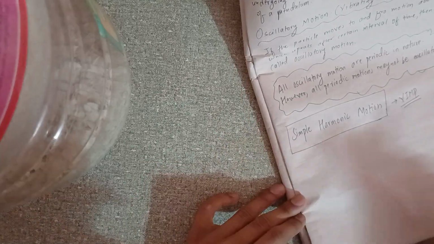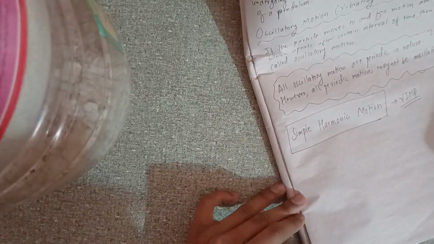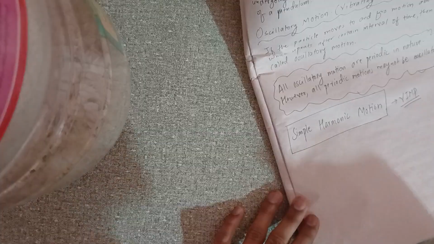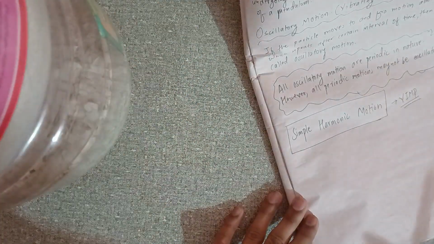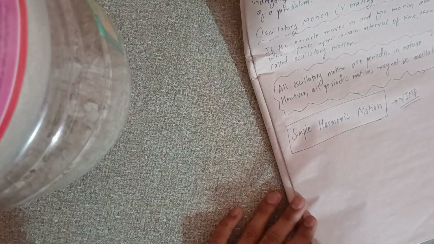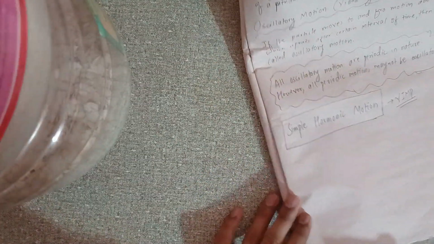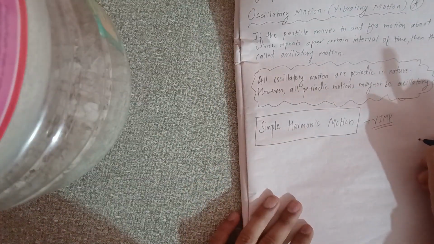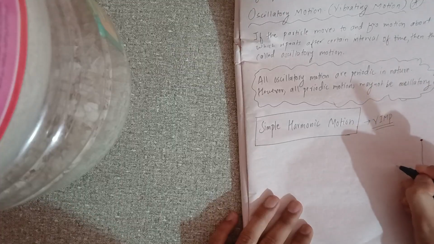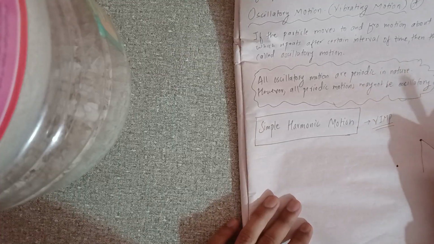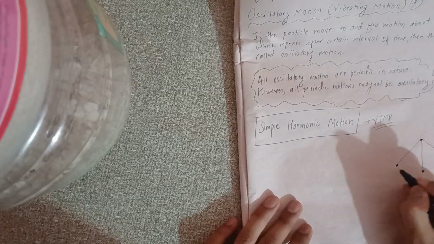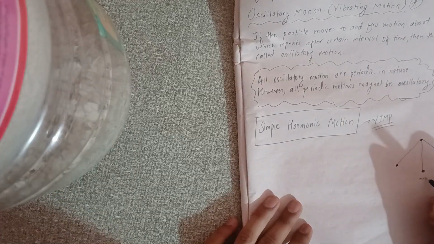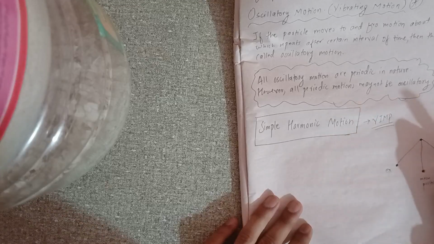So let me tell you once again. Simple harmonic motion is just oscillatory motion where the acceleration of the particle is directly proportional to the displacement from the mean position and towards the mean position. Let's imagine something going on in oscillatory motion just like this, where this is its mean position and these are the extreme positions.